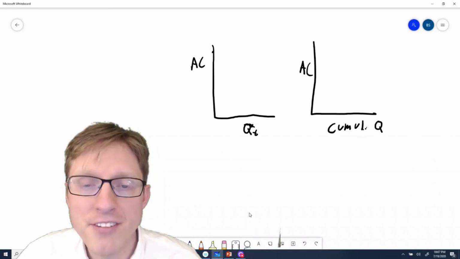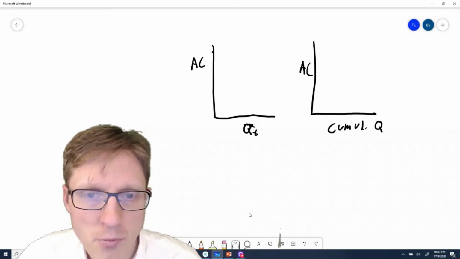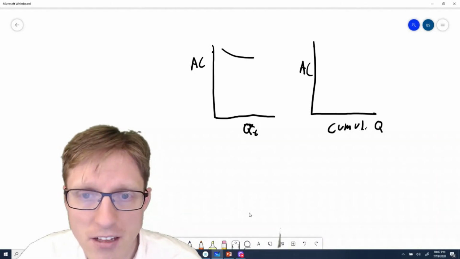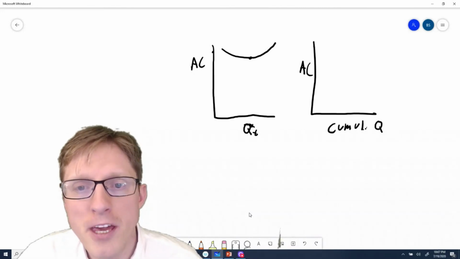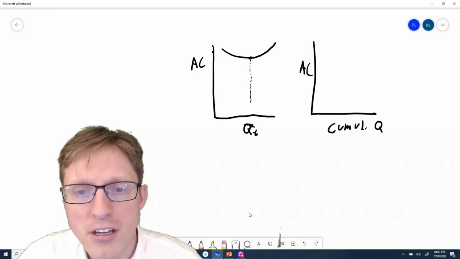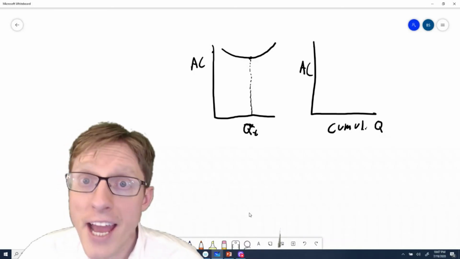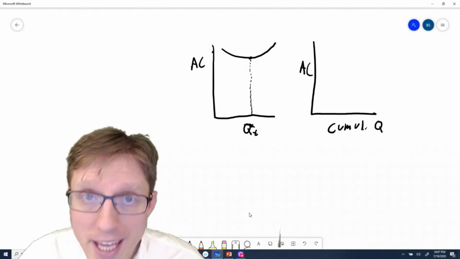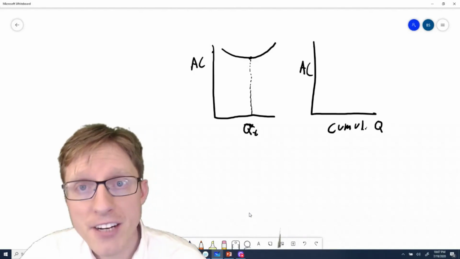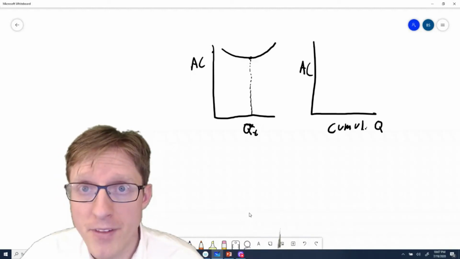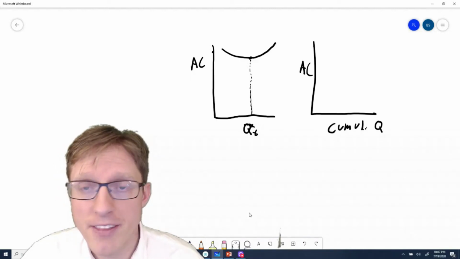Okay, so the basic idea is in the first period, you have some range where there's economies of scale, and then some range where there's diseconomies of scale. Suppose that they produce at minimum average cost that period. Next period, through making this number of units, they figure out how to make each level of output cheaper. They figured out what mistakes they were making, and they've improved upon it.